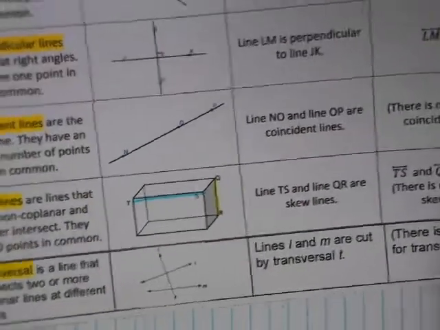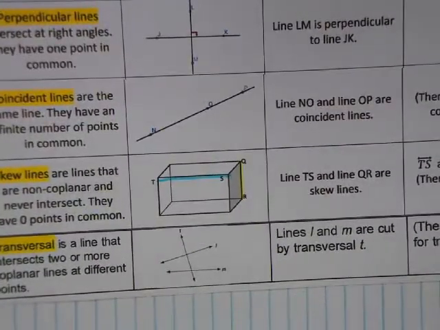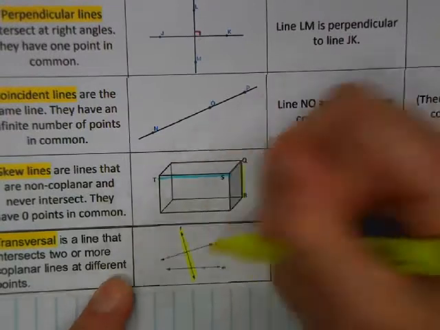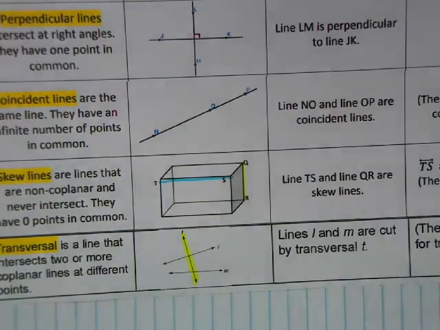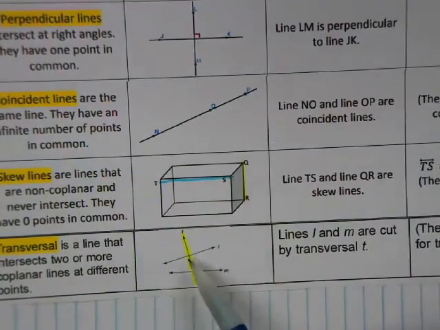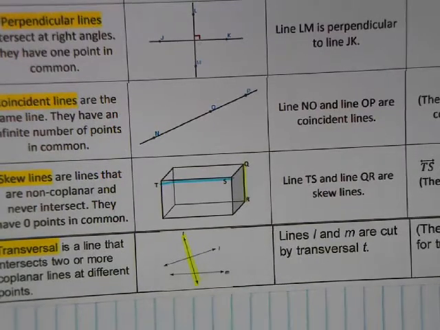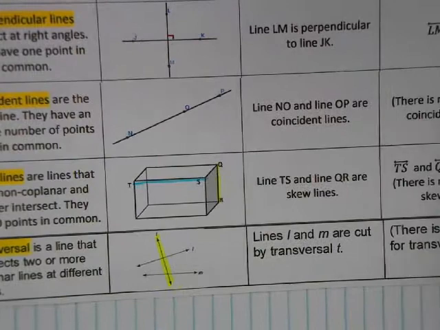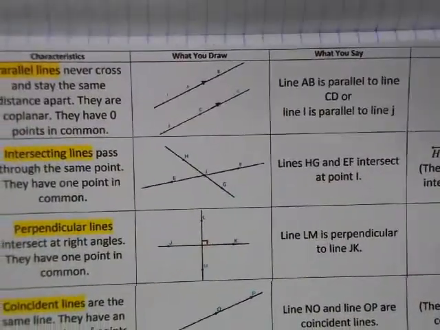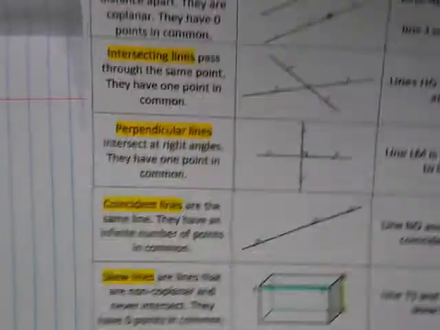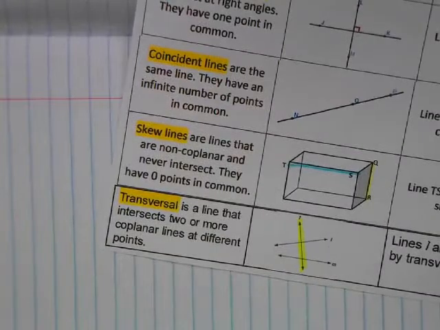And there is no symbol for transversal. But again, it's a line that intersects 2 coplanar lines at 2 different points. So you are going to be using all of these vocabulary words in this unit, more importantly in this section.